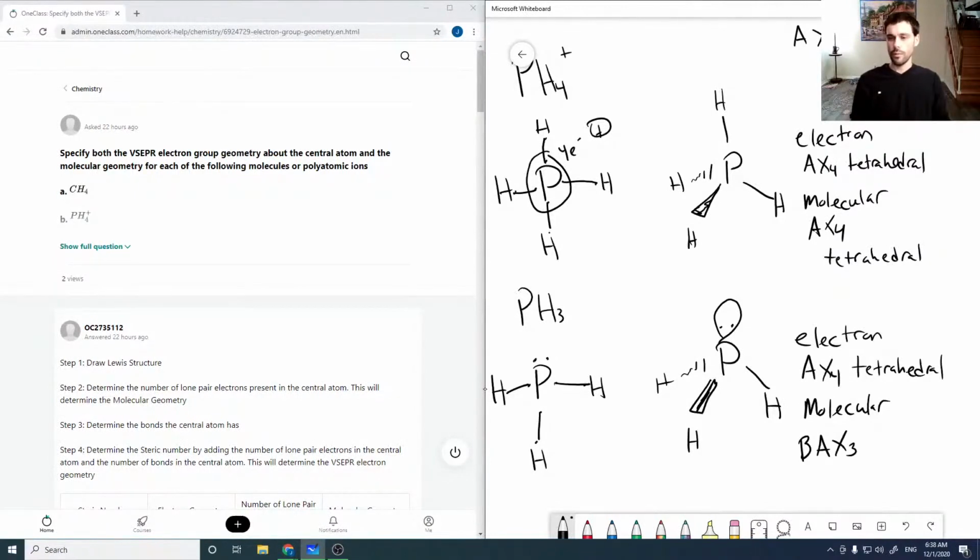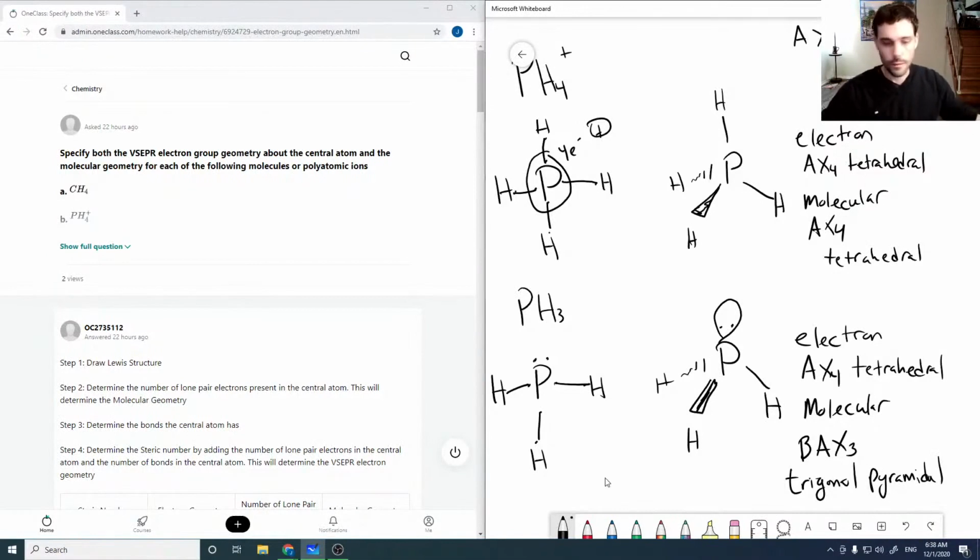So that means for molecular geometry we're only considering the atoms, not the electrons. And so this is a trigonal pyramidal structure. So here's one case where they differ.